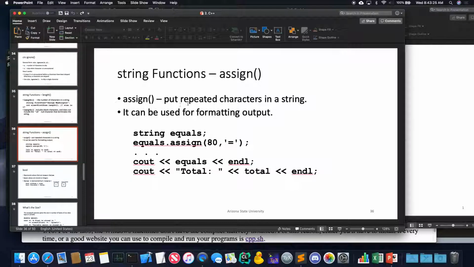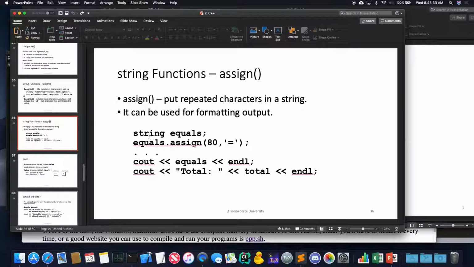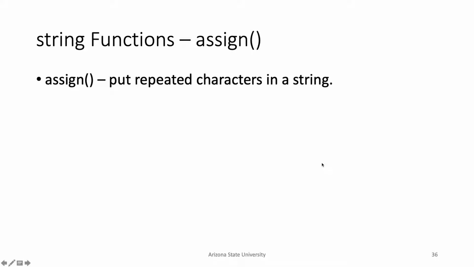This function we're not going to actually use. I didn't use it last semester, but again, it's for your benefit. This function called assign, all it does is put characters into a string.